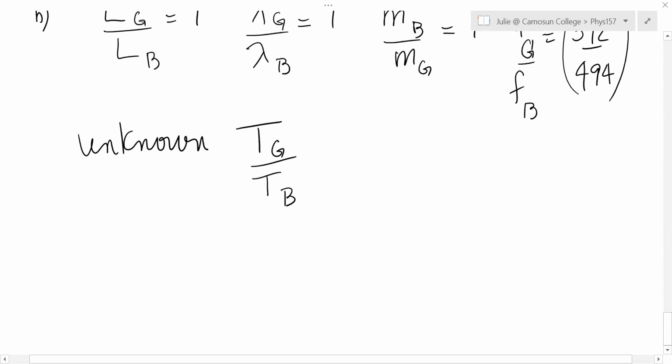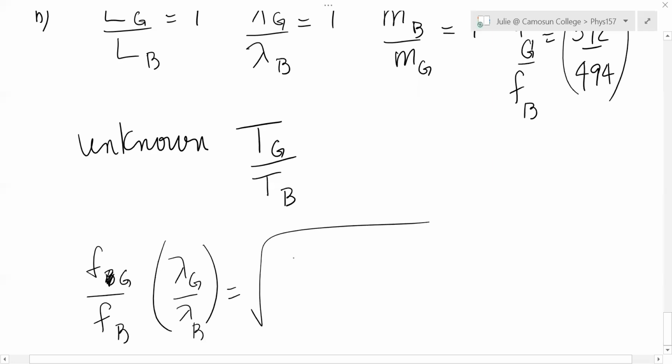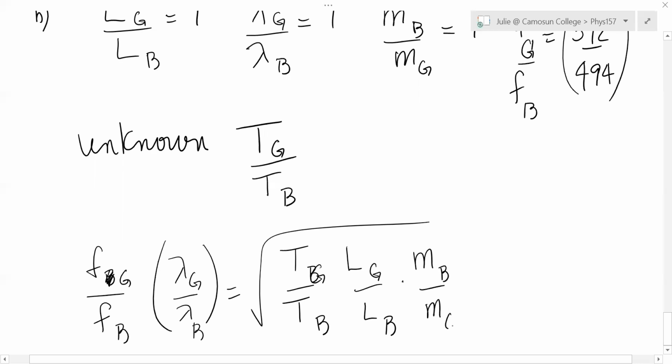So we go back to our equation and we have the frequencies, FG over FB. And remember, we have the wavelengths. And in the root, we have the tensions. Everything is the right way around. G, B, G, B. But these are backwards. B, G, because the M's on the bottom. Okay.